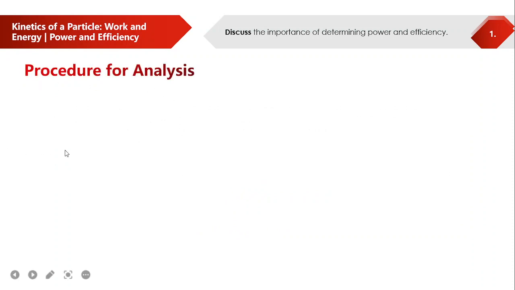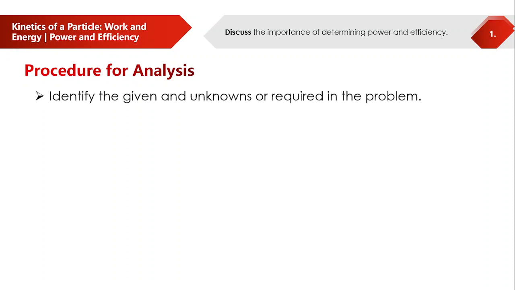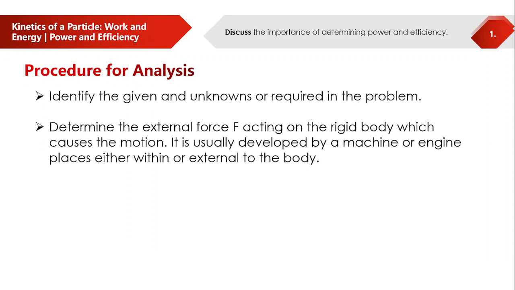So, procedure for analysis, para guide lang siya to solve for this power and efficiency. Now, identify the given amounts or required in the problem. That's first talaga yan. So, determine the external forces acting on the rigid body which cause the motion.